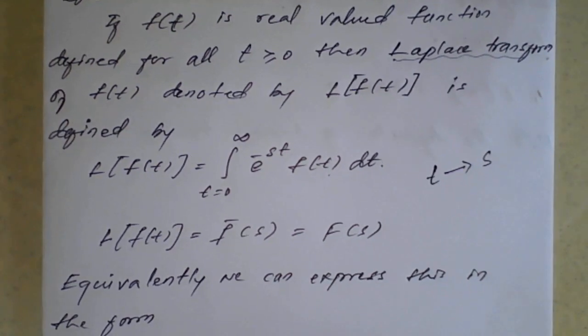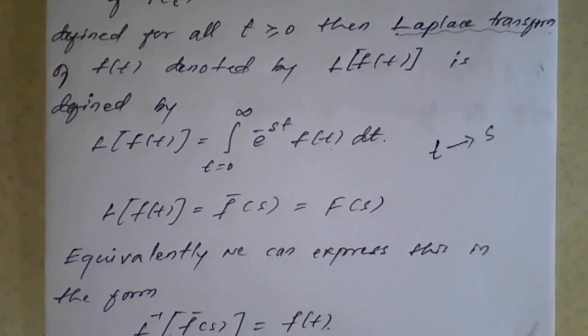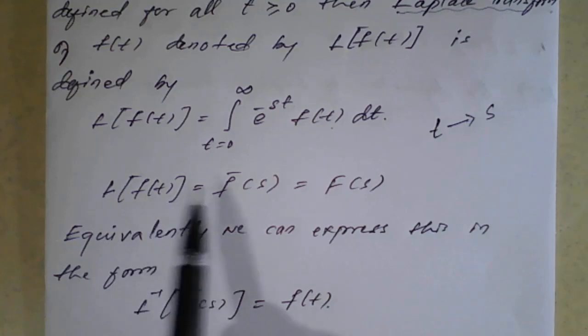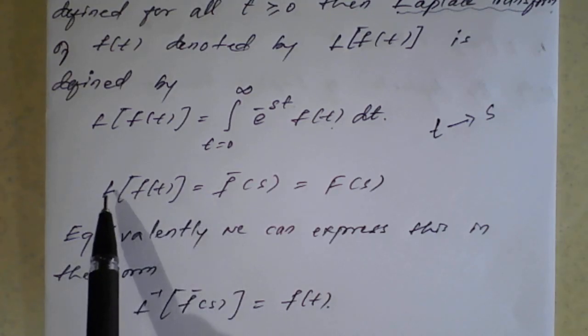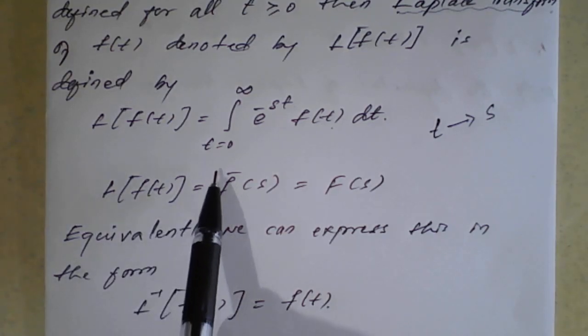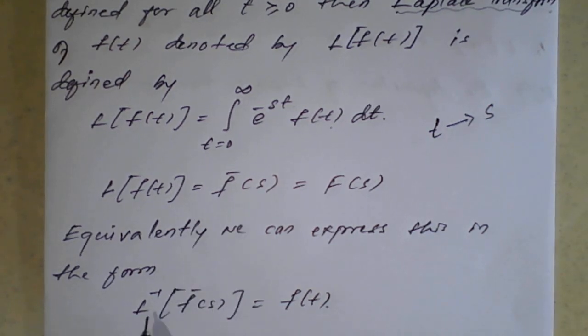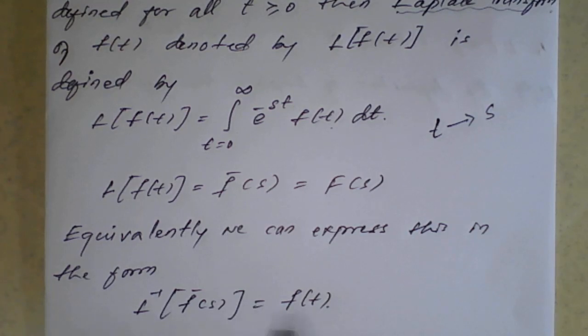Equivalently, we have seen in the heading inverse Laplace. Just observe here. If I shift this L to the right hand side, it becomes 1 upon L, and 1 upon L can be written as L raised to minus 1. So L inverse of F of s is nothing but f of t.